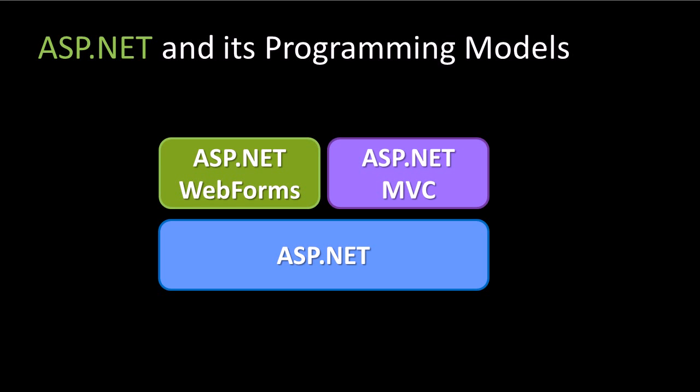The skills and APIs you learn in these core libraries can be used interchangeably between ASP.NET Web Forms and ASP.NET MVC applications. Because it's all ASP.NET underneath, you can even choose to have hybrid applications that are built with both the ASP.NET Web Forms and ASP.NET MVC programming models.